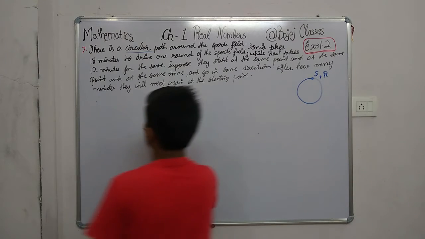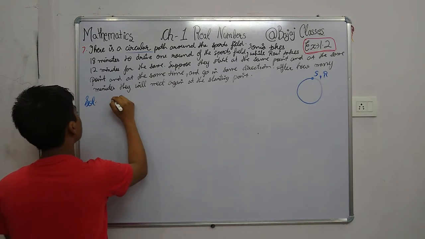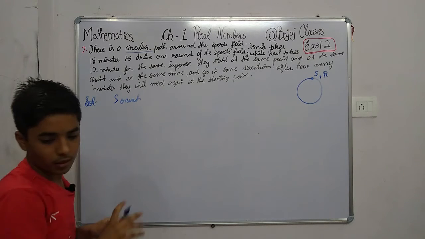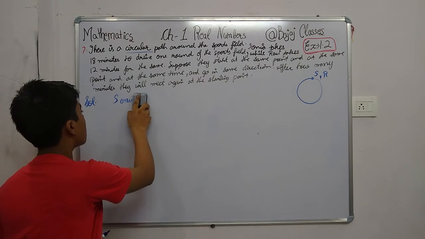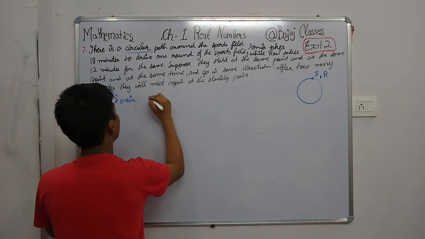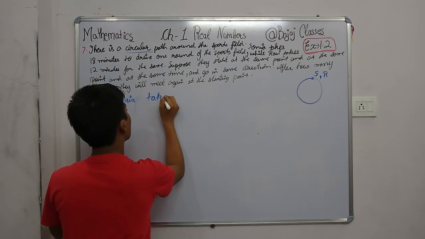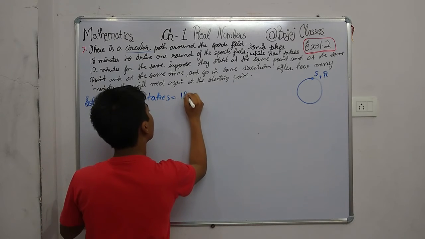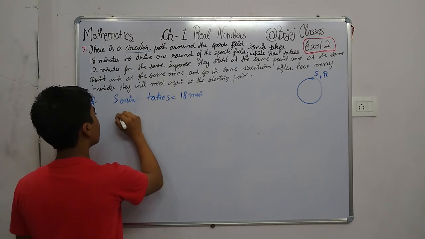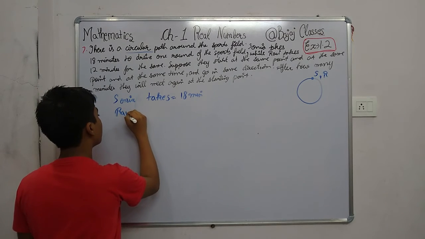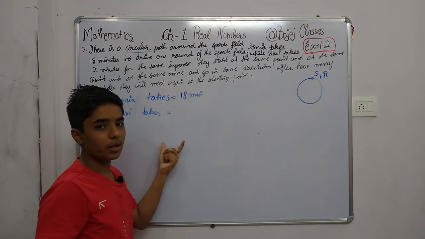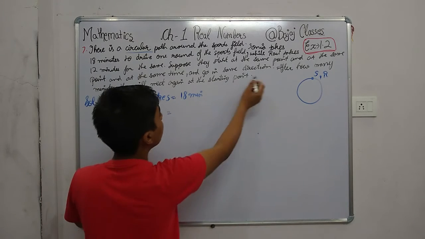We will write here in the solution. Sonia takes 18 minutes to complete the first round, and Ravi takes 12 minutes.